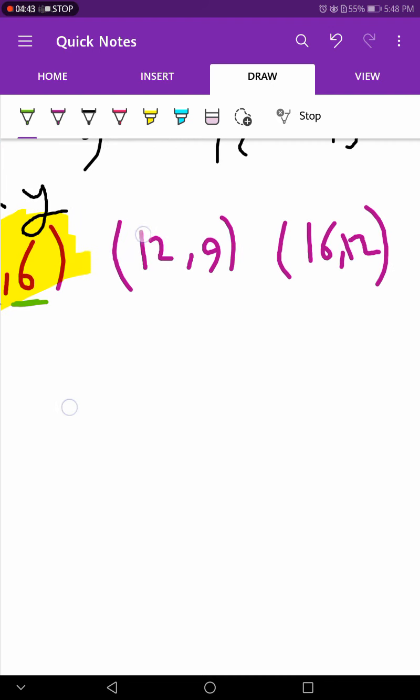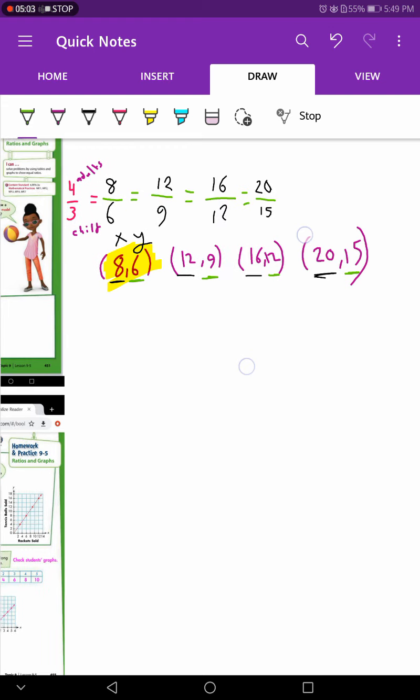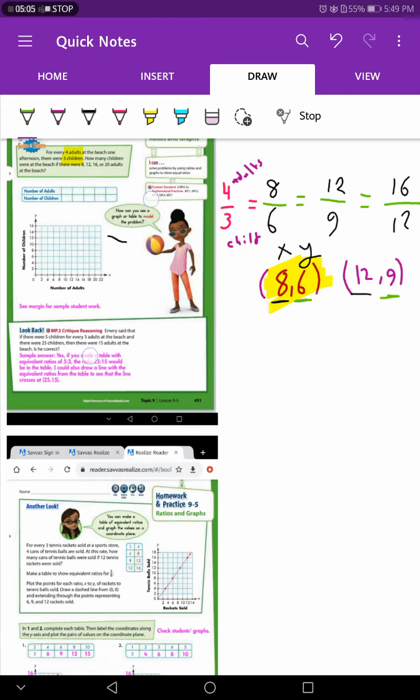Remember, x-axis, y-axis. Okay, let us come back here.